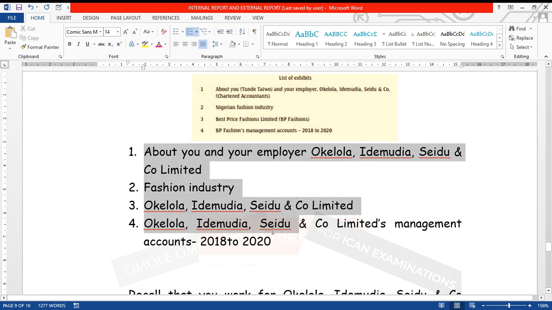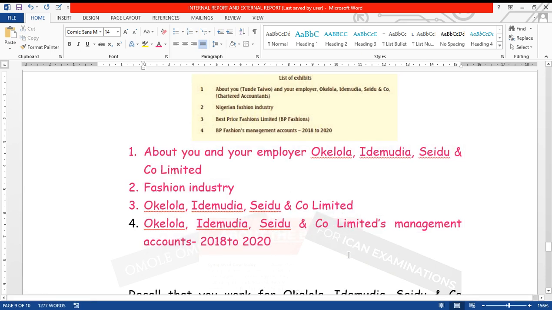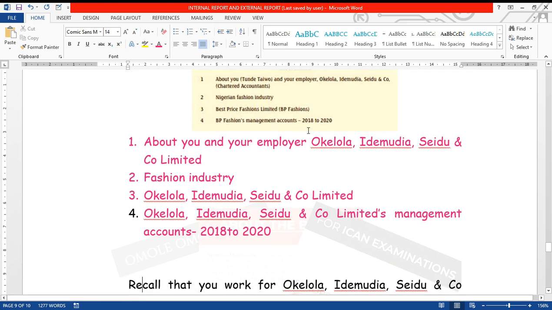Option B, we're doing internal reports, because the management account information they're giving you is about your employer. It's internal information. So these things will let you know if you're doing external or internal reports. Based on the first example, it's an external report. Based on the second, it's an internal report.